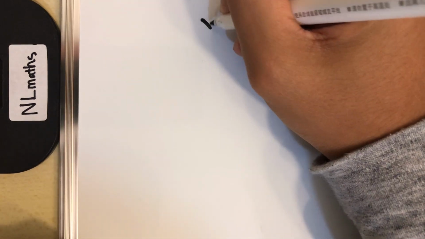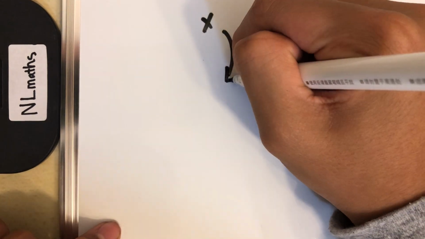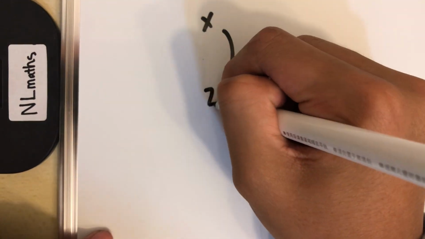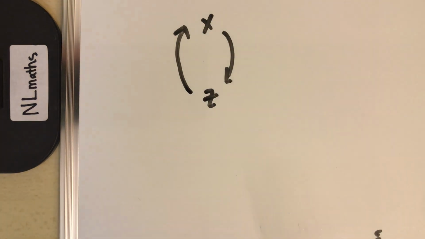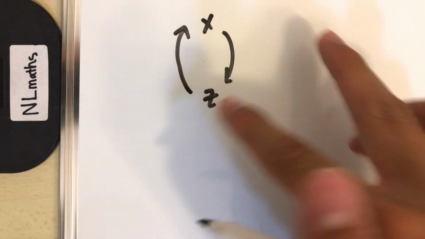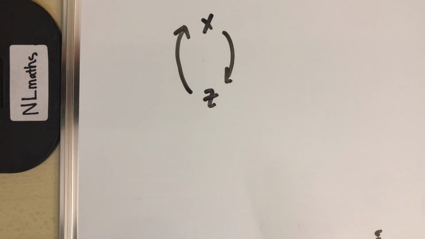So let's say we have the X subspace. Then we want to take it somehow to this Z subspace, and the inverse of this transformation is going to be taking it back to X. So let's call these two transformations, because matrices are all about linear transformations, taking it to another way.